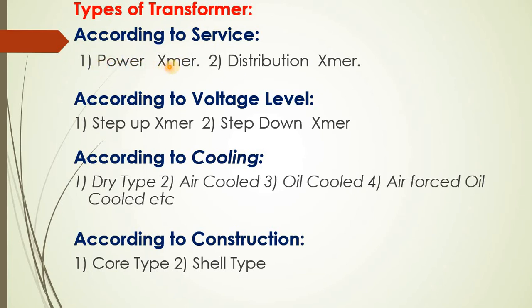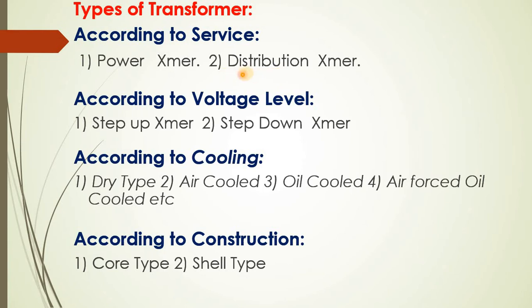These are located near the generating station or at the ends of the transmission line, that is the sending end and the receiving end of the transmission line. These transformers have a very huge rating, that is MVA rating. These are the power transformers.